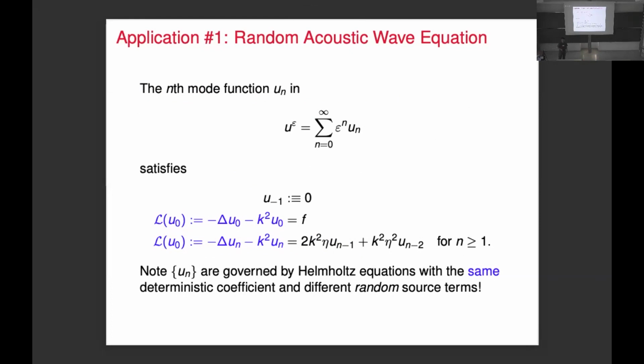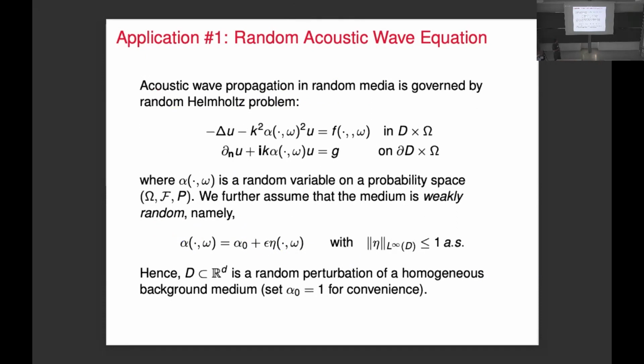Another question. In this formula, you now set alpha 0 equal to 1 everywhere? Yes, this is for convenience, set alpha 0 equal to 1. You can carry alpha 0 everywhere. This is just assuming it's a constant.